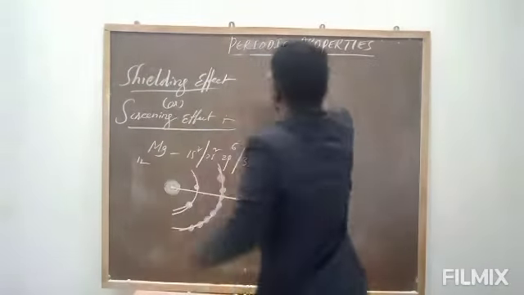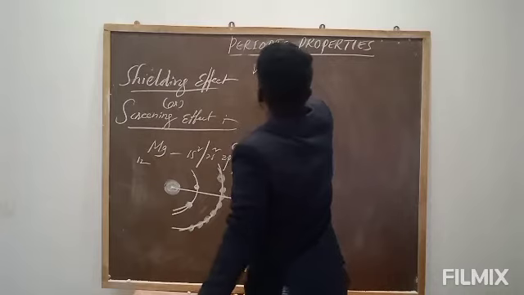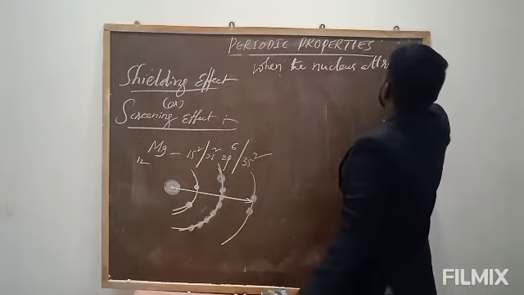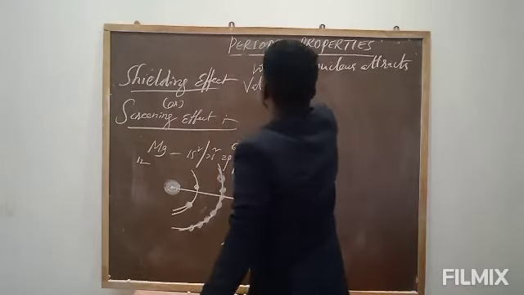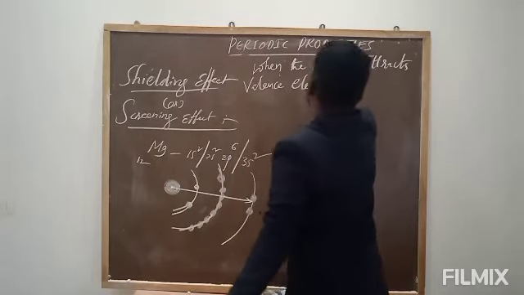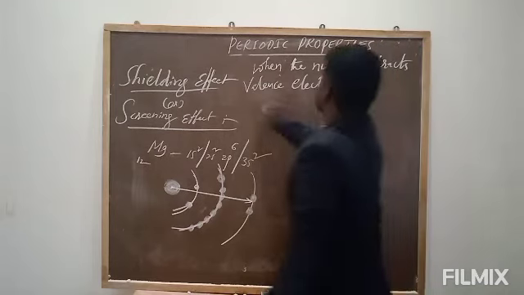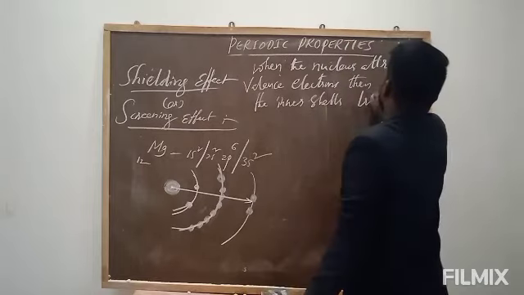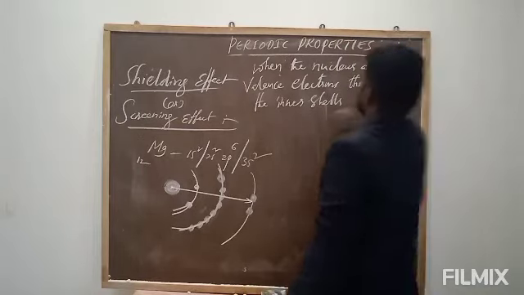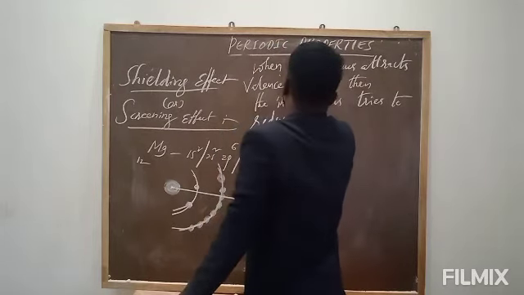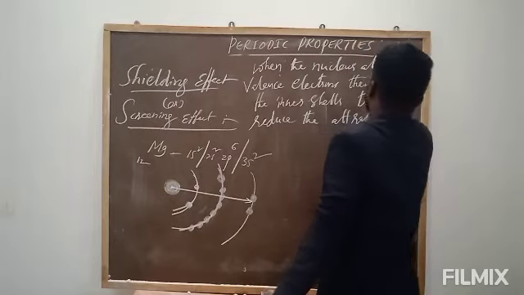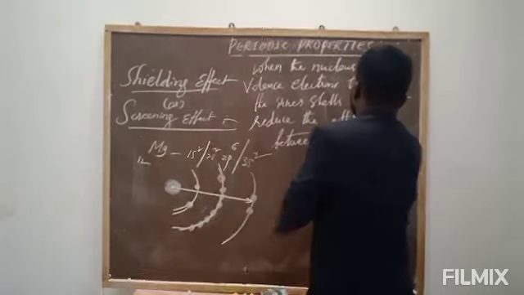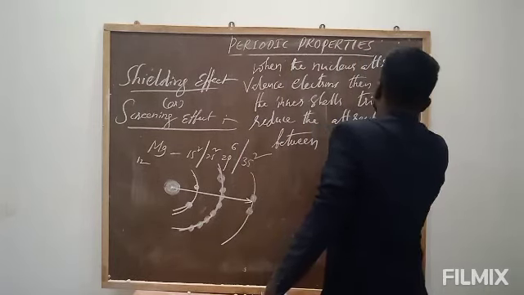And the definition is: when the nucleus attracts the valence electrons, then the inner shells try to reduce the attraction between the nucleus and the valence shell.